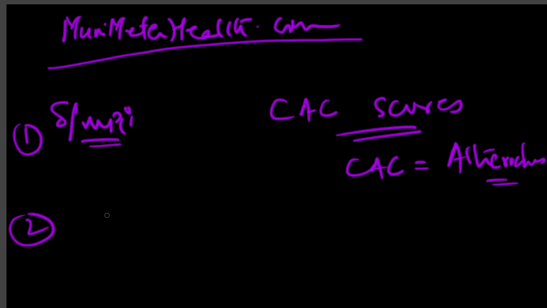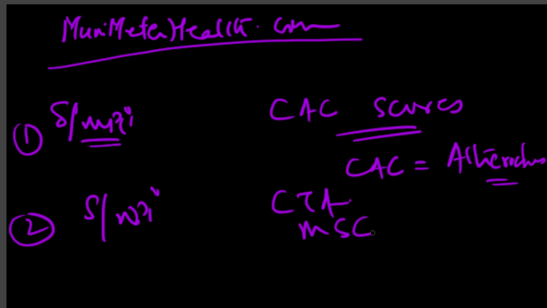The second question that we'd like to answer through another study is, are stress MPIs important to follow after one has done CTA, for instance, or multi-slice CT, as we call them. So patients who undergo multi-slice CTs and have obstructive patterns of CAD, should they directly go for cardiac cath, or should they again have an evaluation of stress MPI first?